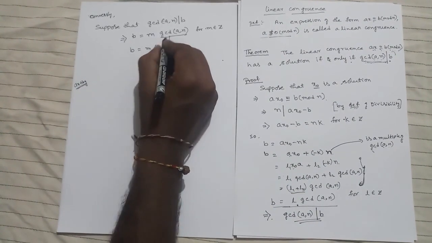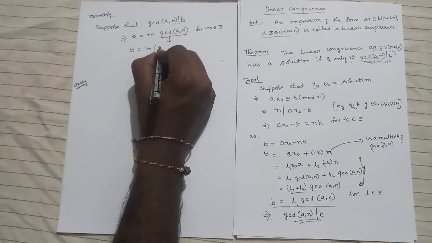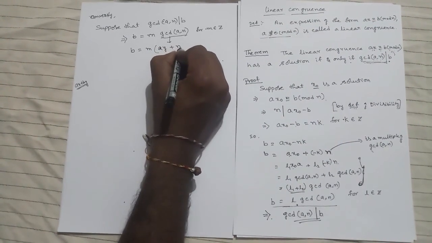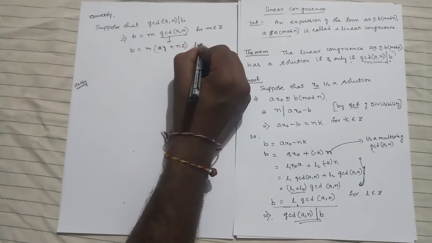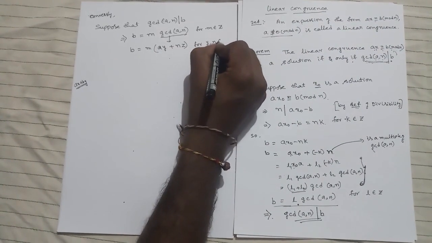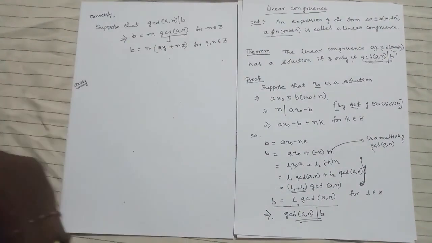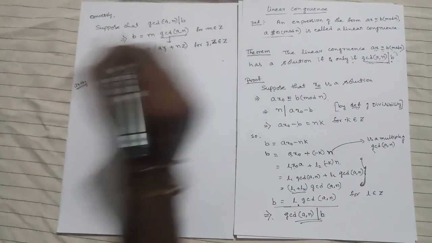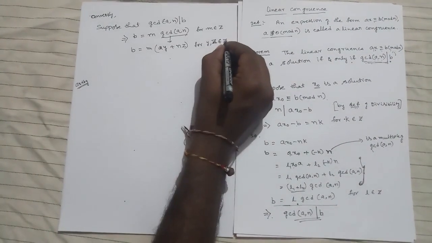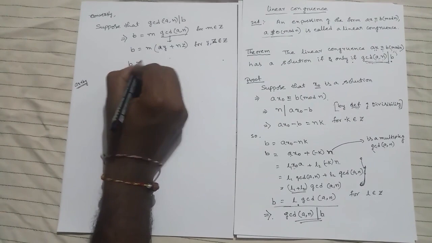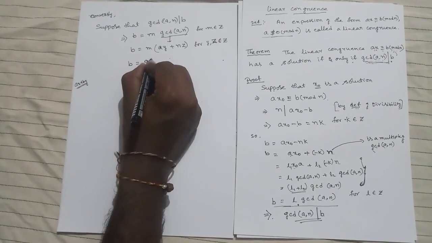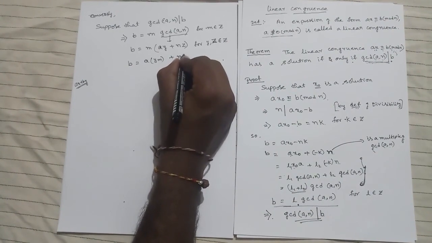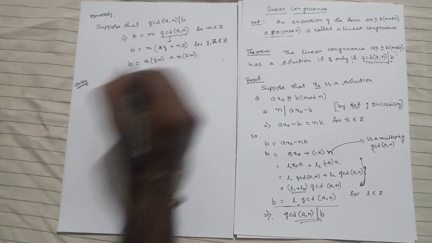So I am writing this as ay plus nz for y, z belonging to the integers. So b equals a times y times m plus n into z times m.